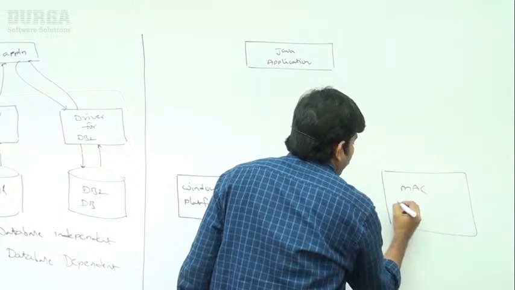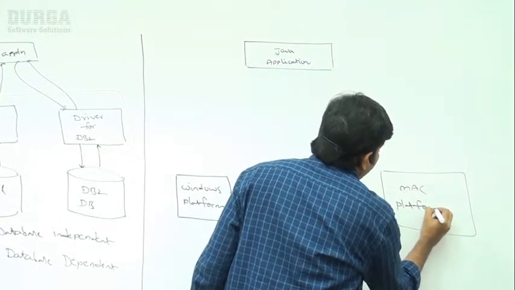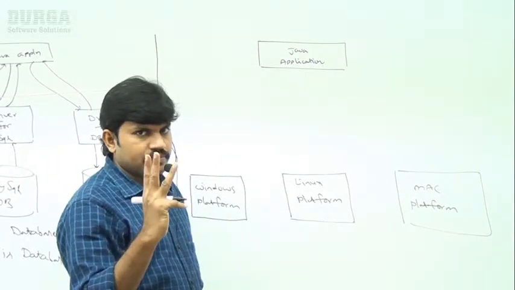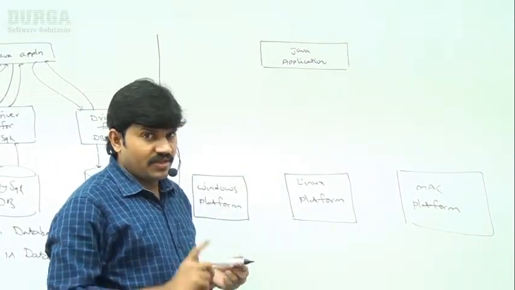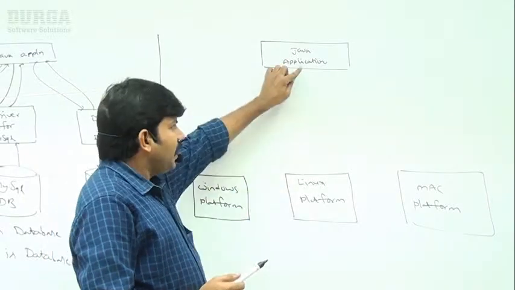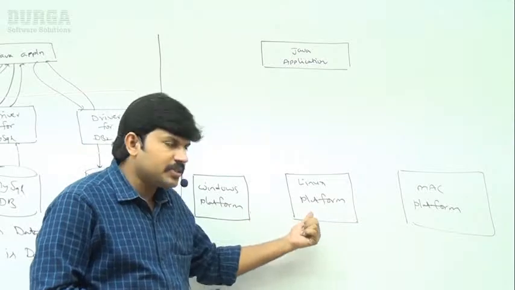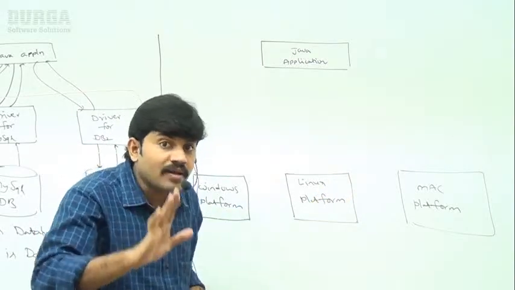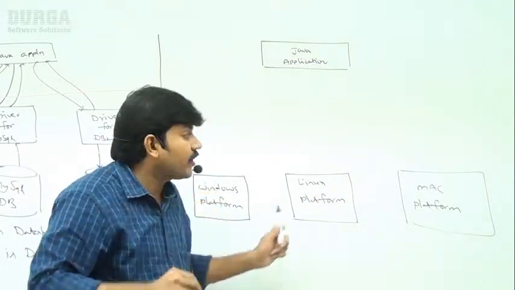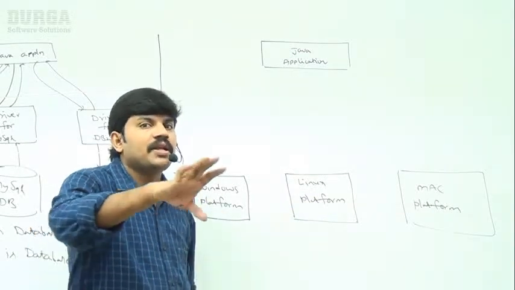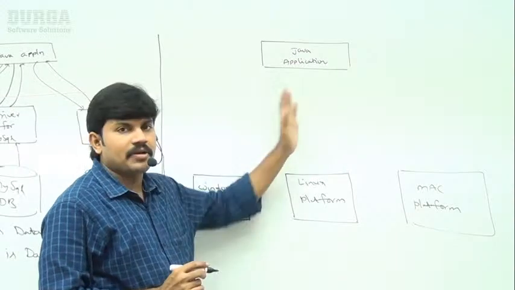Now have you observed how many platforms are available? Three. But how many Java applications are available? Only one, right? The same application can run on a Windows machine, a Linux machine, or a Mac machine. We are not required to write a separate program for every machine, because Java has a platform independent nature. It is a platform independent language, right?